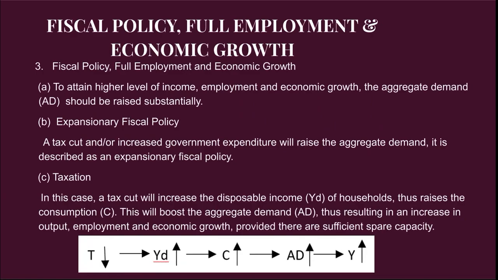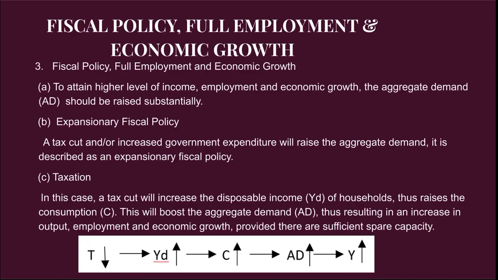Now as the household sector, or the consumers, have more money to spend, this will increase the level of consumption in the country, the total consumption in the country. As the consumption increases, the total demand for goods and services will increase. The AD will increase. As the AD increases, the Y, the national output, increases.